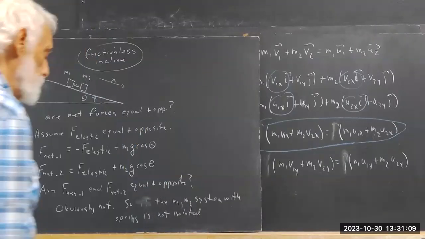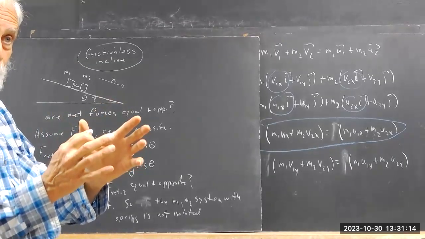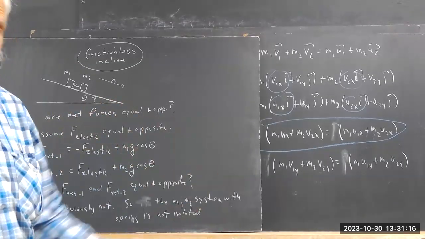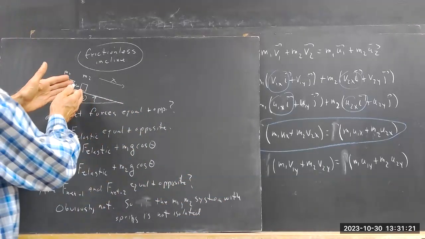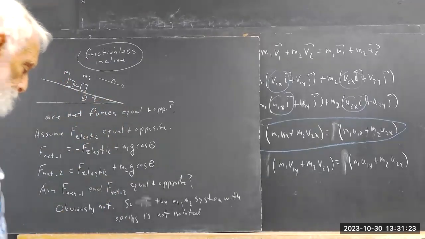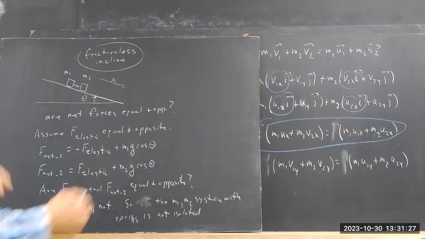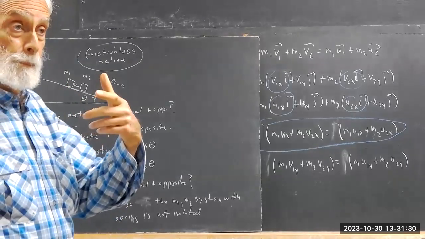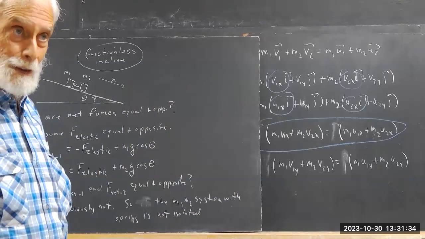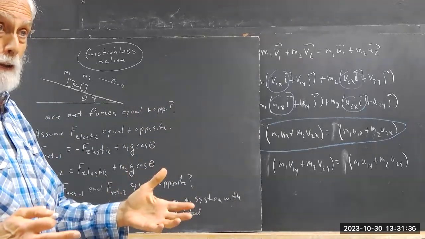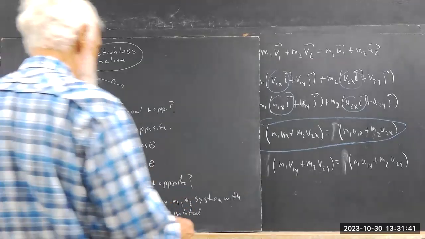Notice the word if. This was not isolated. If you confine the system to just M1 and M2, it's not isolated because gravity's poking its nose in there. So if you think the displacements here are going to have the same ratio, the inverse ratio of the masses, like we saw in an isolated system, it's wrong.